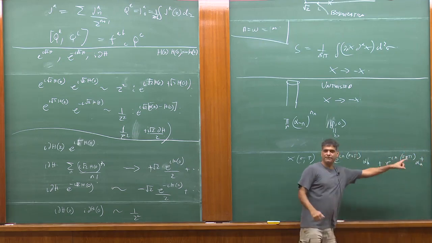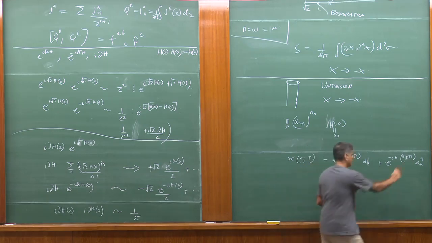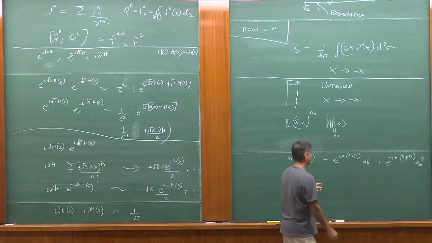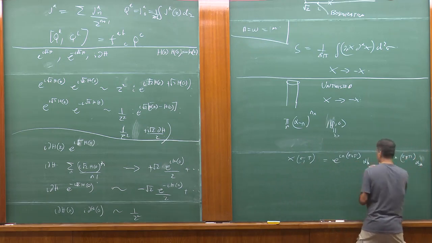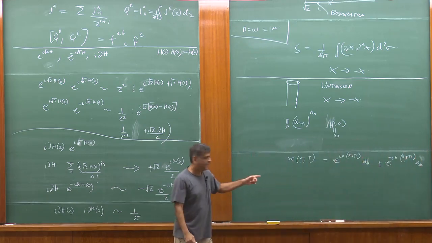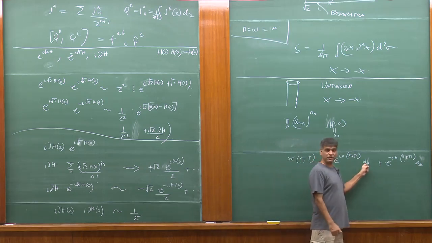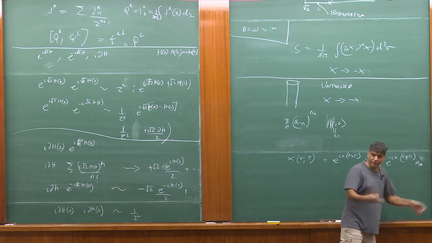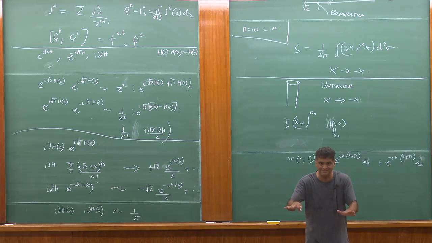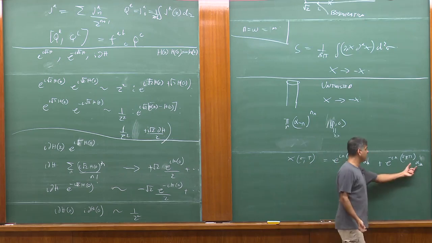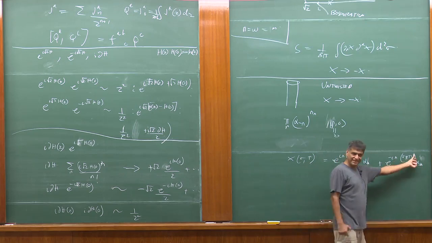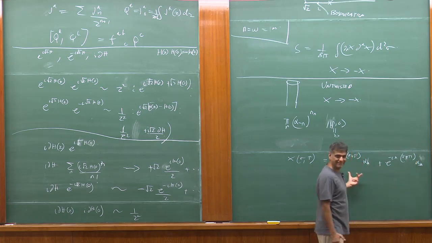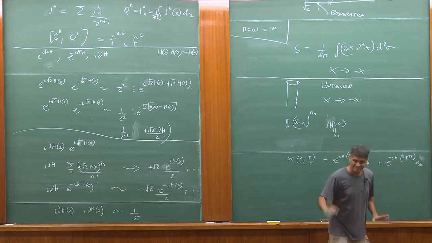I may be getting which is alpha n and which is alpha n dagger the other way around. I think this should be alpha n and this should be alpha minus n. Now under x goes to minus x, alpha n goes to minus itself and alpha minus n goes to minus itself. Commutation relations remain unchanged because both pick up a minus sign. Just a phase, right? Alpha n is defined by whether it multiplies a positive energy thing or a negative energy thing. Multiplying by a minus sign doesn't change that. Is this clear? Okay, excellent.